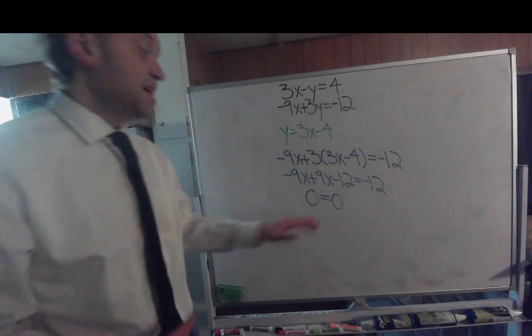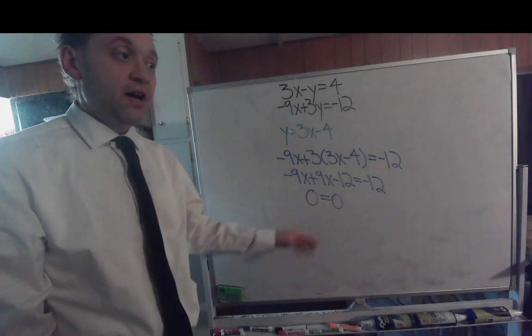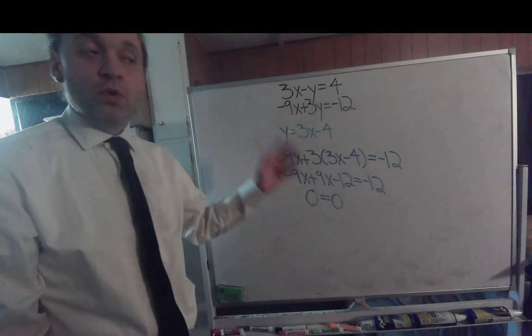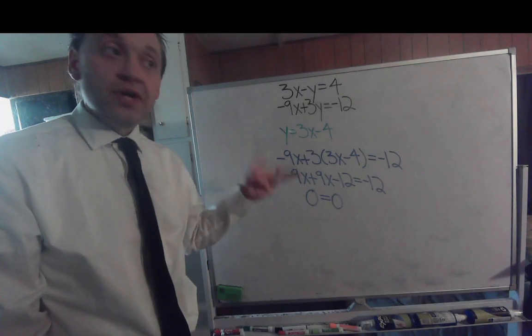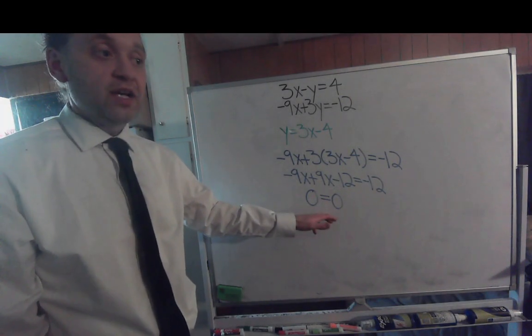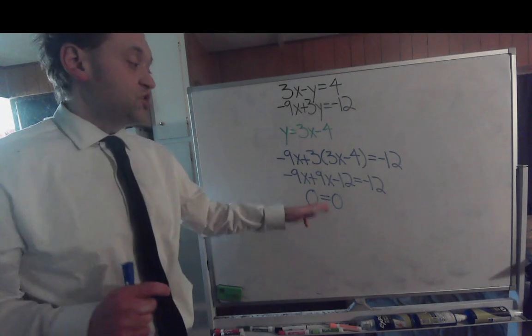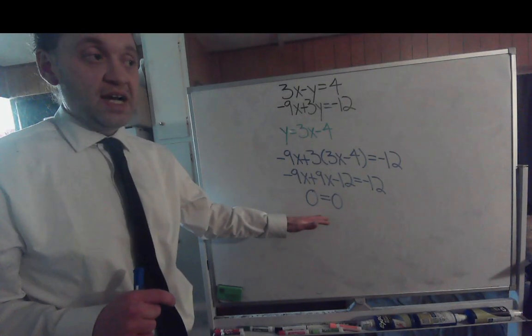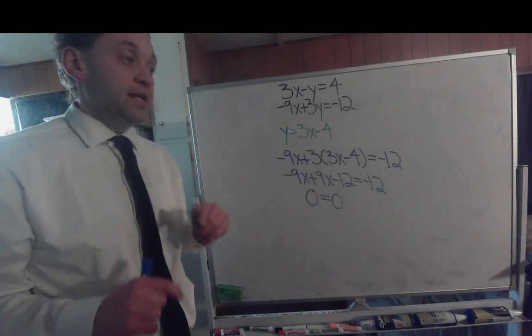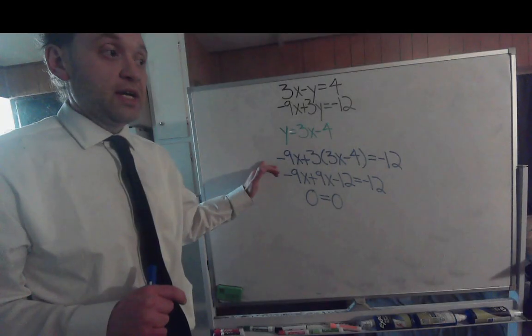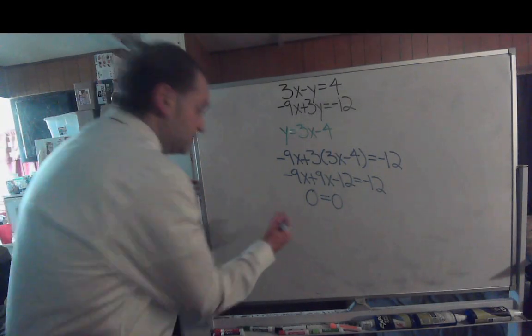Whenever you just get a true statement without any values, like you have 0 equals 0, 1 equals 1, 100 equals 100, negative 500 equals negative 500, what have you. If the right side just equals the left-hand side, that means they're the same line, literally. And it has infinitely many solutions.